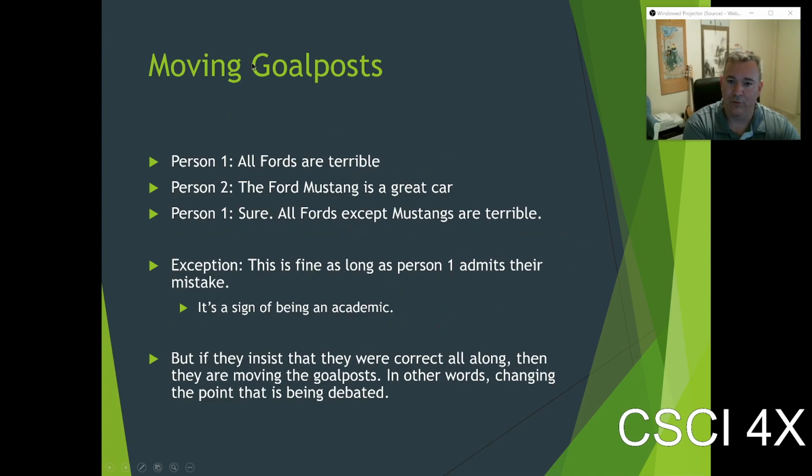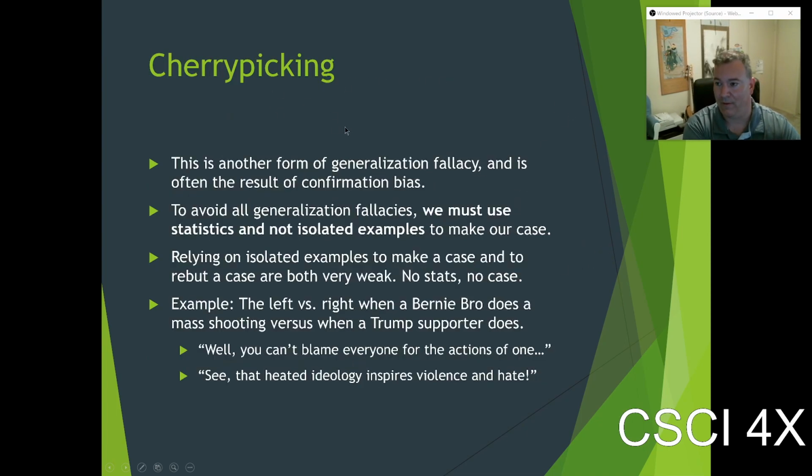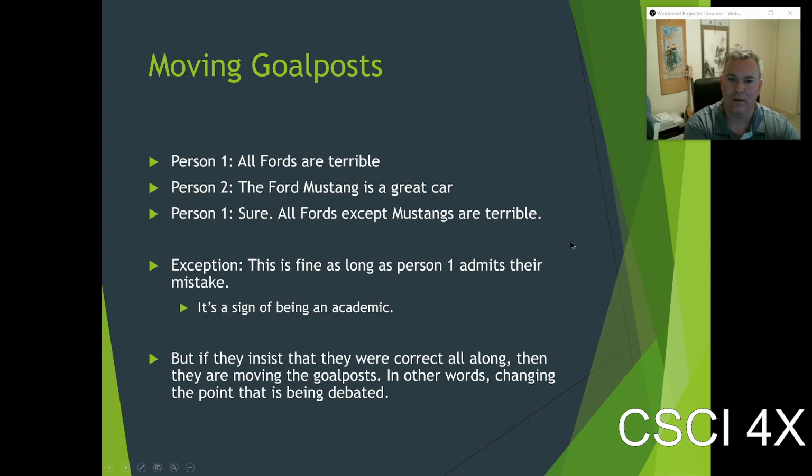Okay, so moving goalposts. On that high moral note, let's talk about moving goalposts. A moving goalpost fallacy is when somebody makes a claim, somebody else proves the first person wrong or gives a counterexample showing they're wrong, and then the first person changes their claim after the fact. So I say there has never been a good Taylor Swift album.